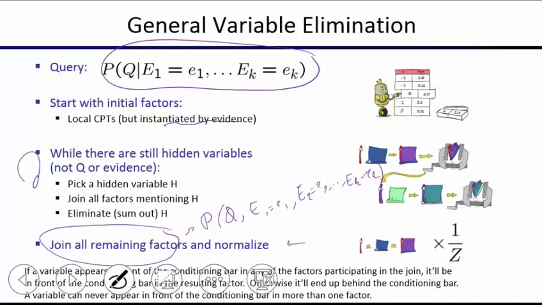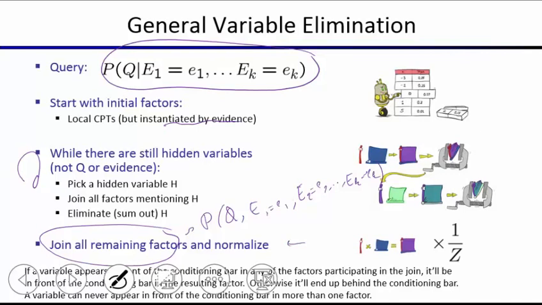The answer is, if in any of the factors a variable appears in front of the conditioning bar, it'll appear in front of the conditioning bar in the join of those factors. Otherwise, meaning if it only appears in the back, it'll appear in the back in the resulting factor that you get from the join.